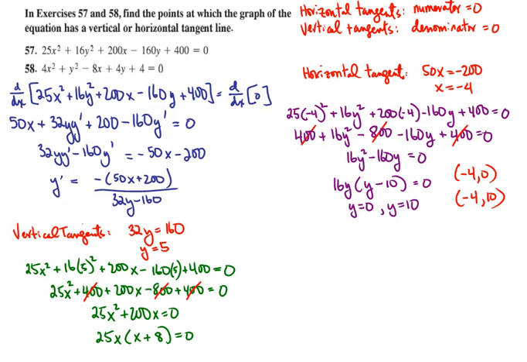Factor out 25x, we get 25x times x plus 8 is 0. So when y is 5, x will be 0 and negative 8. So 0, 5 and negative 8, 5 will be the points on the graph at which there are vertical tangents.